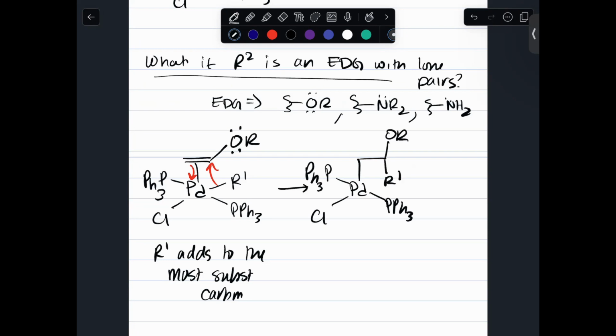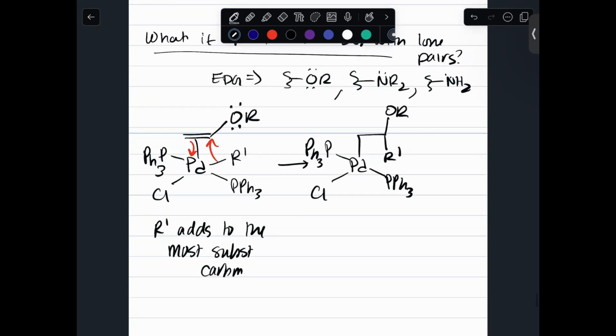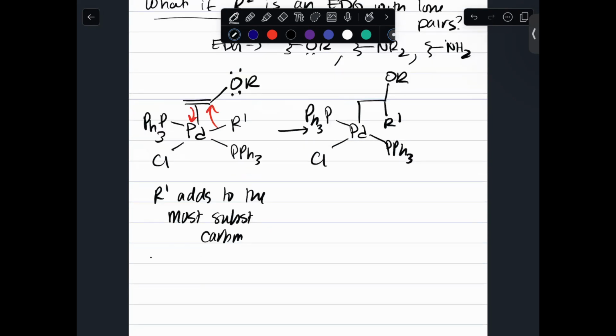Again, this is not because of sterics, clearly, but because of electronics. So sterically speaking, it looks like a bad idea, right? Why is R1 adding to this most substituted carbon? It makes absolutely no sense whatsoever. But it has nothing to do with sterics.